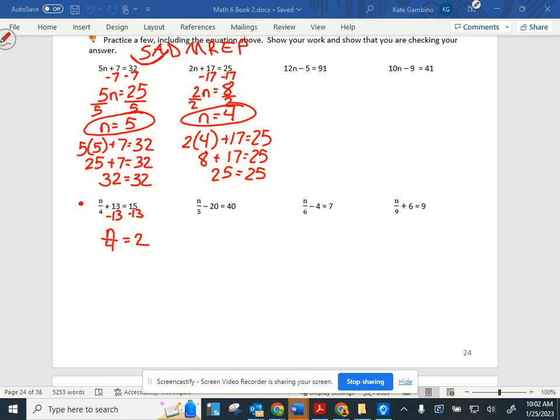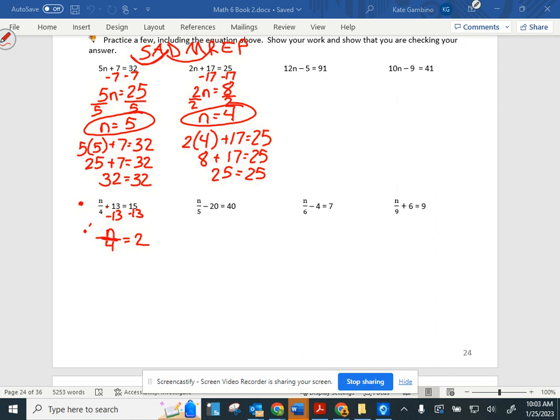What is my second step? If I'm looking at SADMEP, my second step will be doing the dividing or multiplying. Gigi, multiplying what? By what number? By 4. Because that fraction bar means I'm dividing by 4.